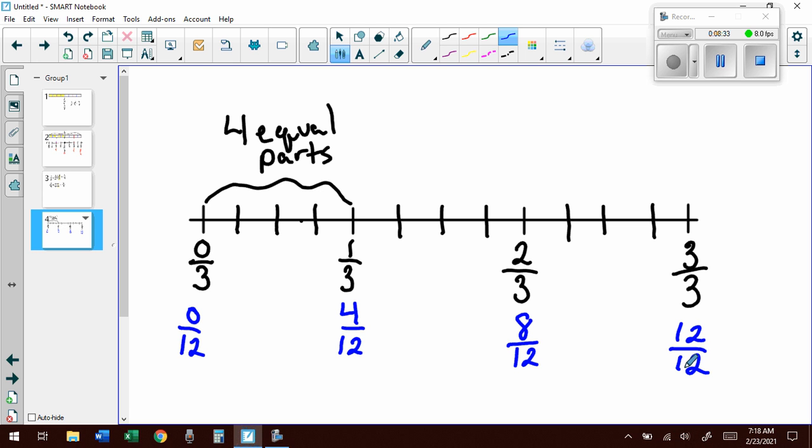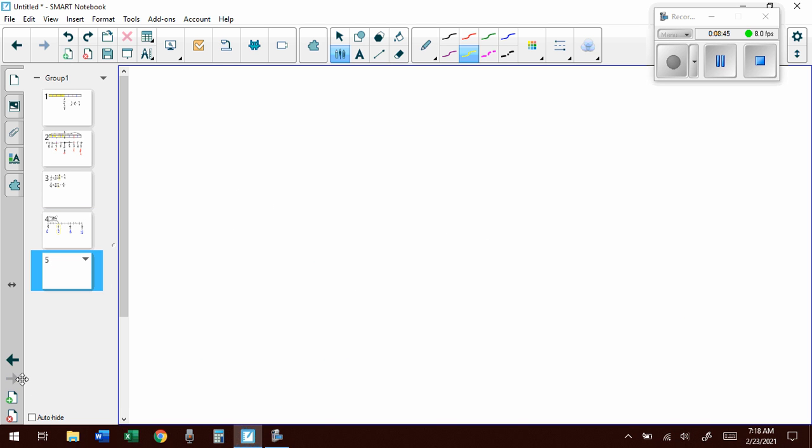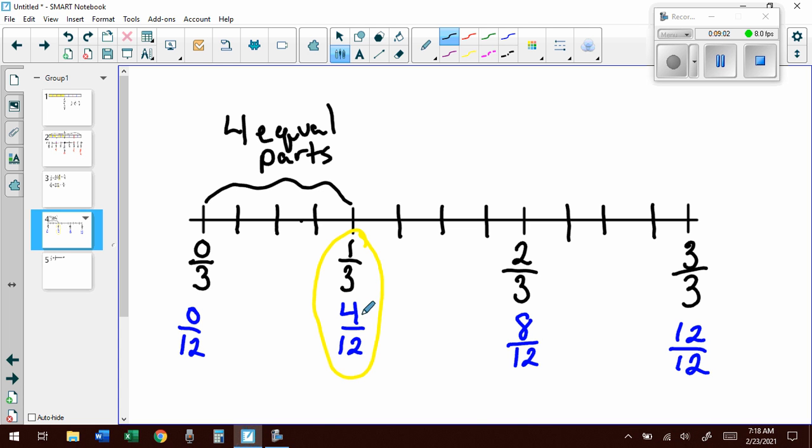So just looking at this one right here, this is one we are going to show the multiplication and division sentences for. 1/3 equals 4/12. 1/3, oh, I should use 1/3 equals, get myself set up, and we are showing that it equals 4/12.